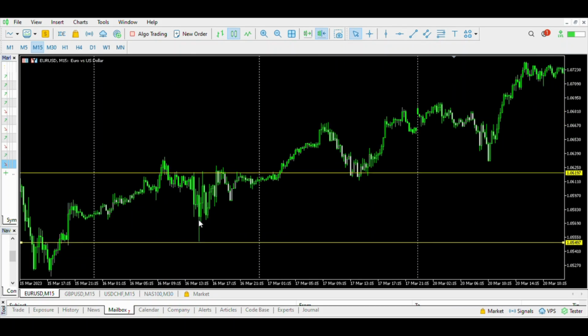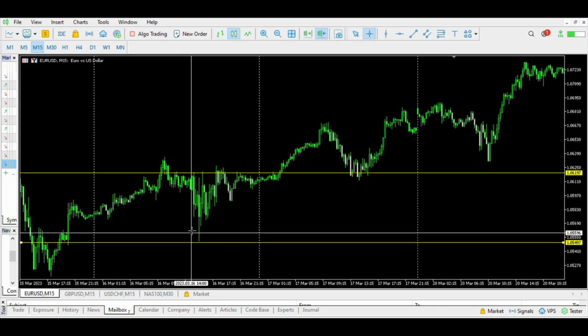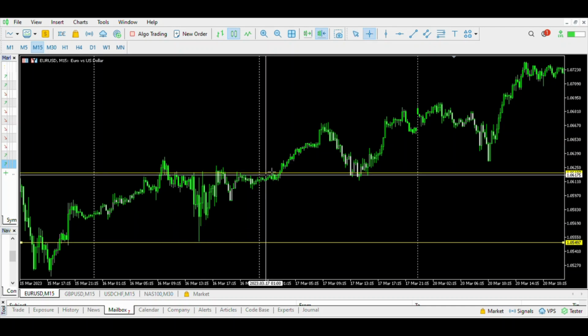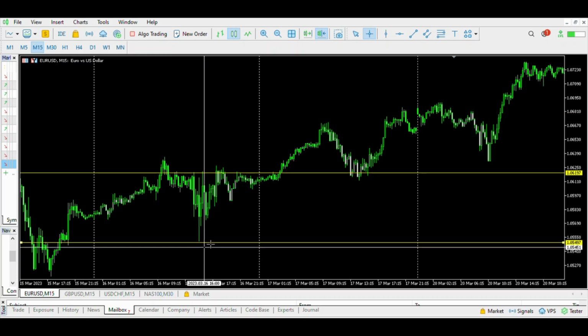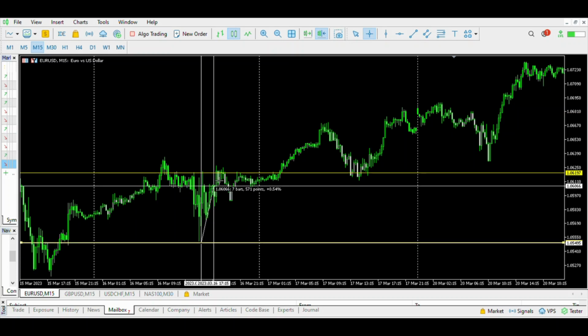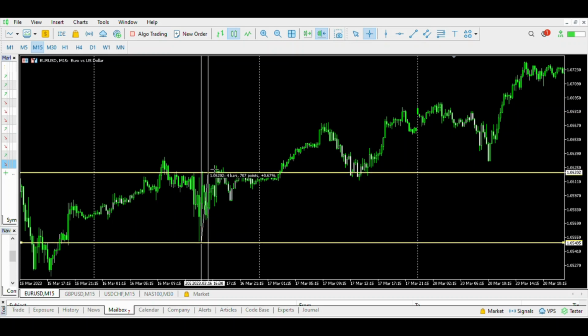If I set a pending order, my initial stop loss will be here. So that's my risk, and that's a massive risk, by the way. That's 70 pips. If I'm taking this trade, I don't want to risk more than maybe 0.5%, 1%.